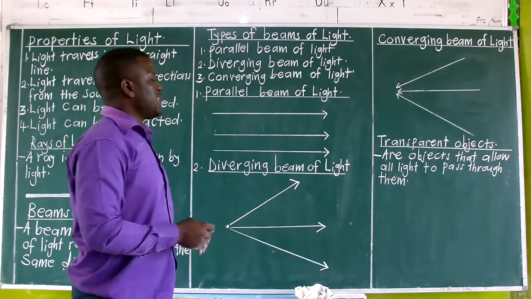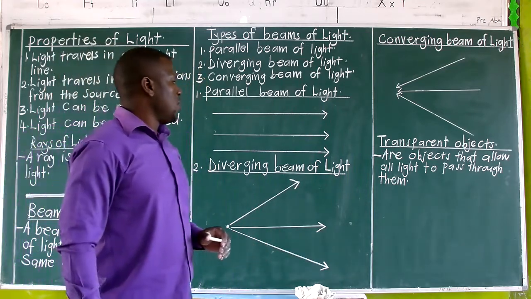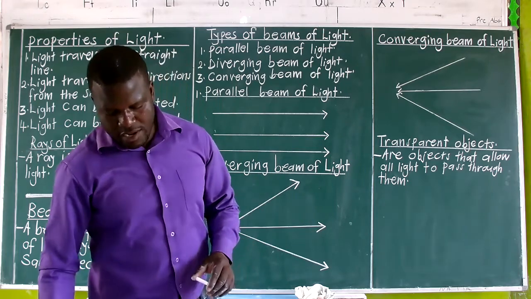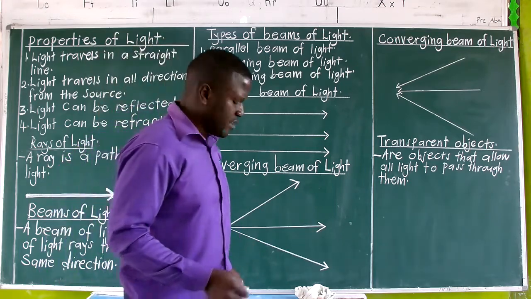Transparent objects are objects that allow all light to pass through them. So objects that allow all light to pass through them are called transparent objects.